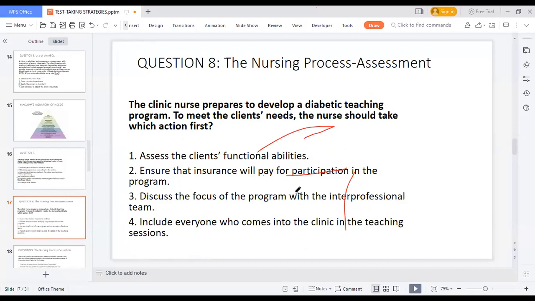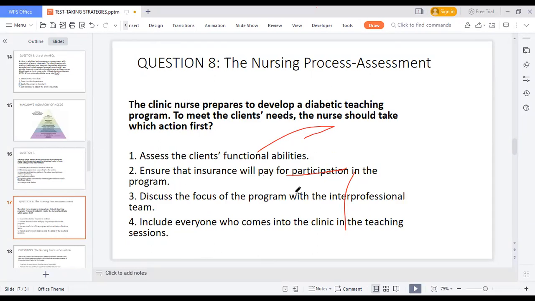Let's look at a question where we have to apply the nursing process. Remember, we are still answering prioritization questions. We answer a question applying ABCs. We answer a question using Maslow's hierarchy. We answer a question using the nursing process. In the nursing process, we are going to answer a question applying assessment and another question applying implementation.